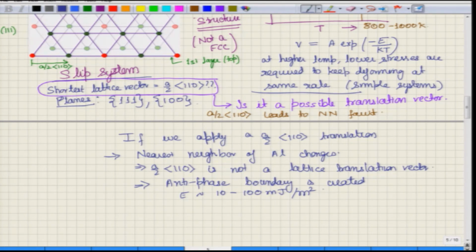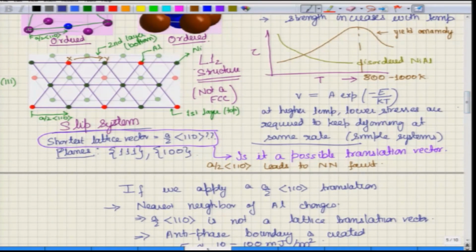But what about the other, let us say if we go back, this is red atom, this is red atom. So, what if I move from here to all the way here, meaning I apply A110. So, now you can see when I move red to red, green to green, nothing is changing.